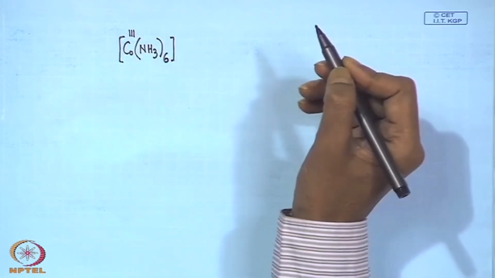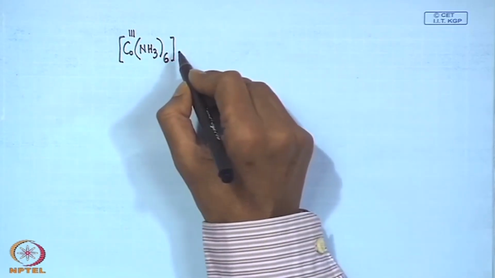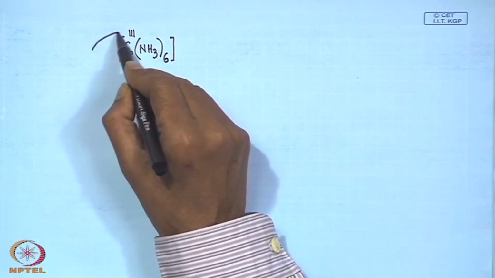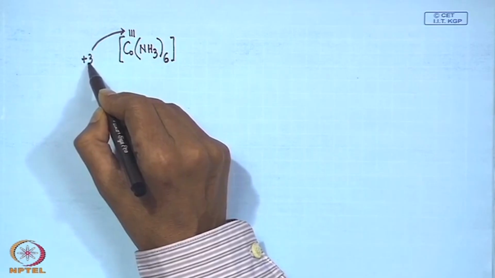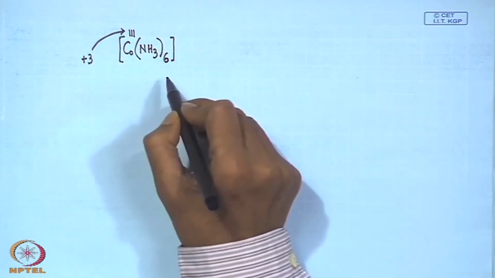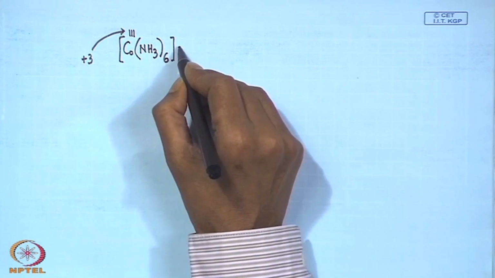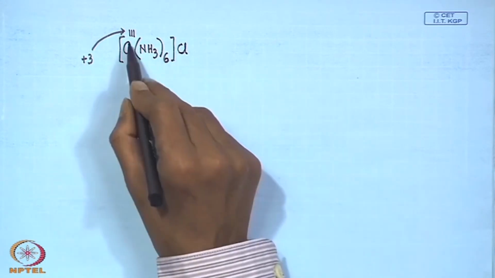Addition of hydrogen peroxide or passing of air can oxidize this cobalt to cobalt(III). So, we have hexaamminecobalt(III). This is how we assign the oxidation state as +3, because this compound will be known as hexaamminecobalt(III) chloride.